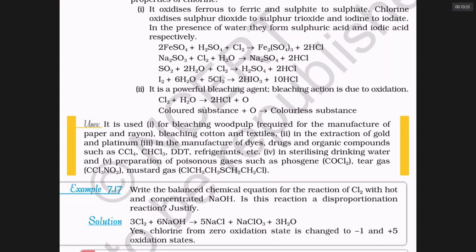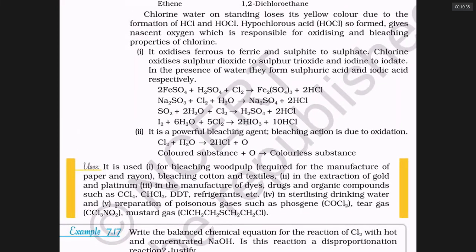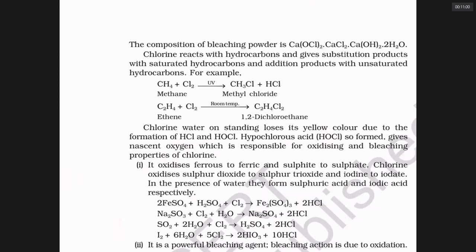Students should be familiar with the oxidizing properties of chlorine, where chlorine is taking away electrons from ions. Ferrous will lose one electron to chlorine to give ferric. Sulfite will lose electrons to chlorine to become sulfate. Sulfur dioxide will lose electrons to chlorine in water to become sulfuric acid. Iodine loses electrons to chlorine to become iodic acid, HIO3. These reactions need to be practiced.